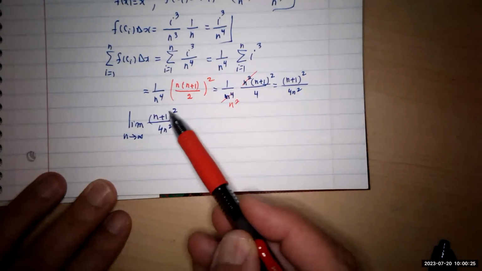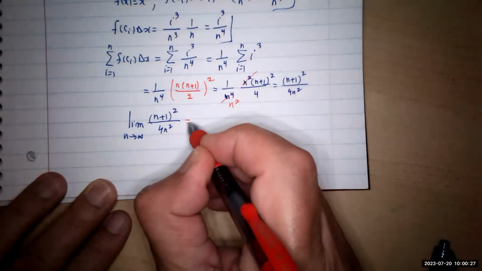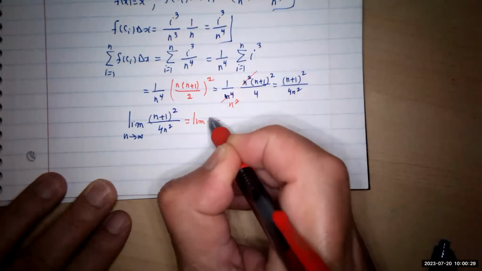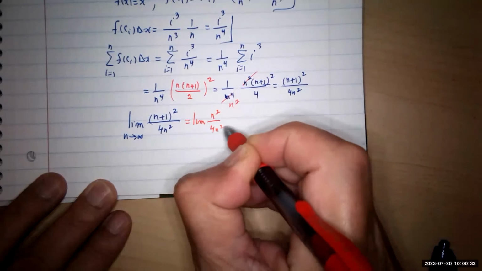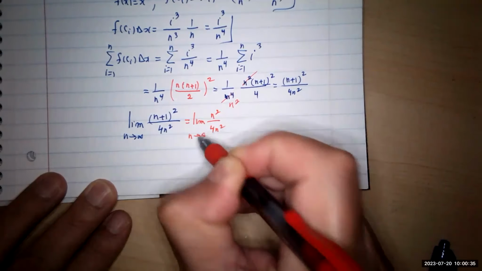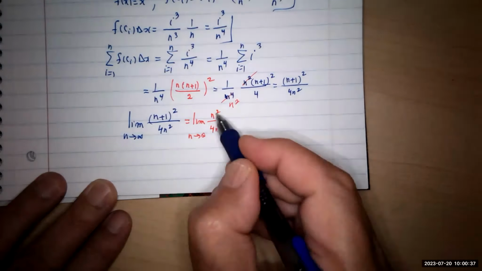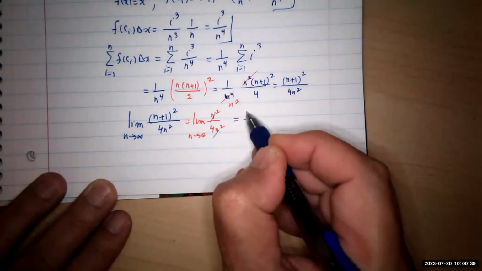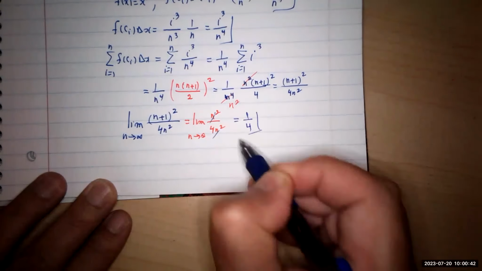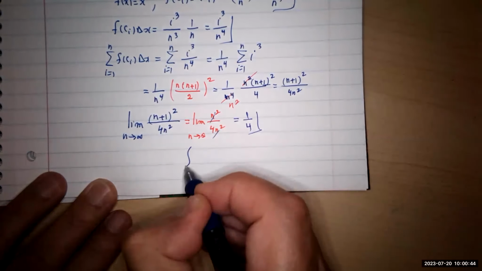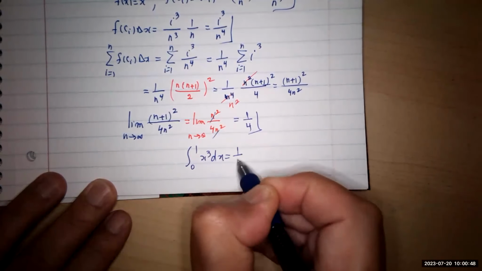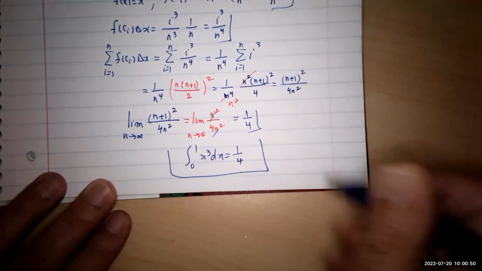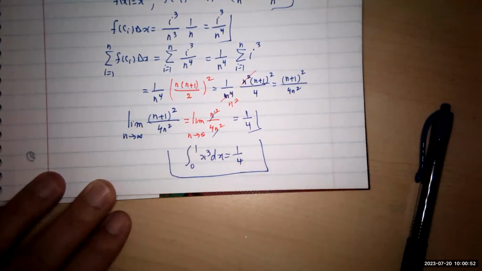The leading term on the top is n squared, the highest power. So it's the limit of n squared over 4n squared when n goes to infinity. n squared and n squared cancel out. You get a quarter. That's it. The integral from 0 to 1 of x cubed dx is a quarter, and you're done. It's an easy procedure.